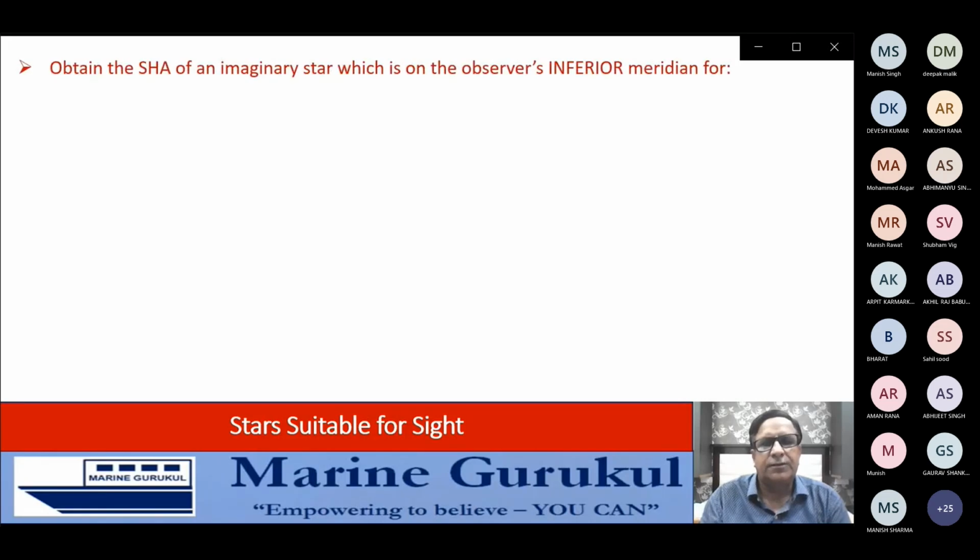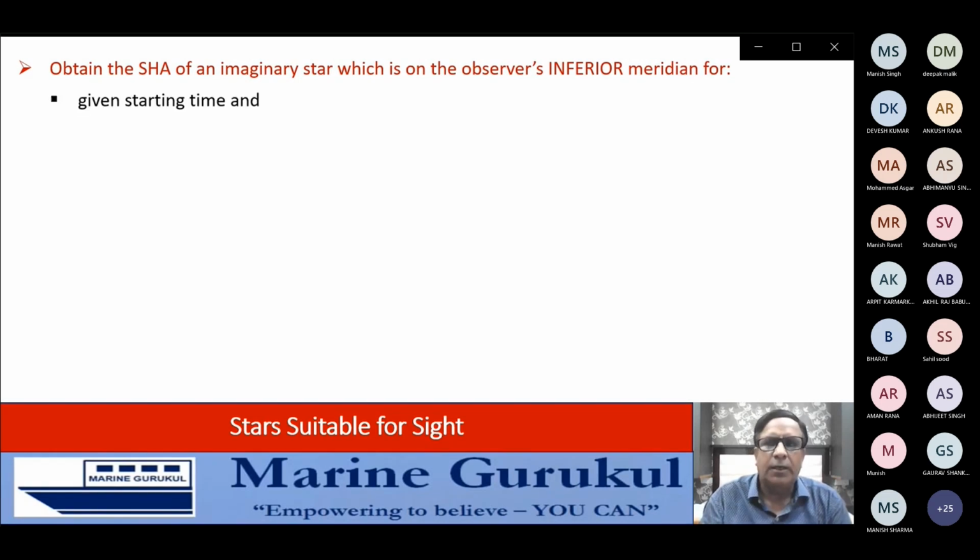Now, for such cases, we'll have to obtain the SHA of an imaginary star, which is on the observer's inferior meridian this time, not on observer's meridian, at the commencement of the interval and at the end of the interval.